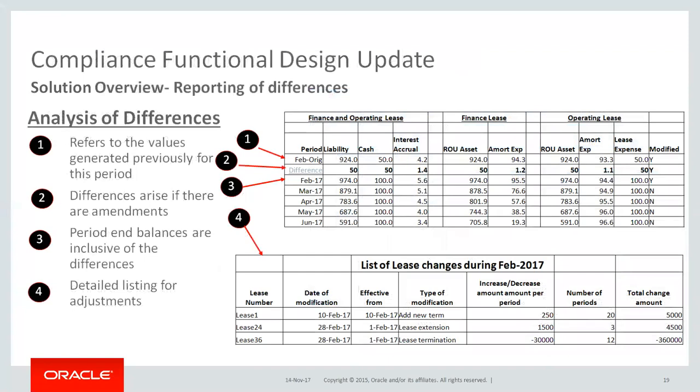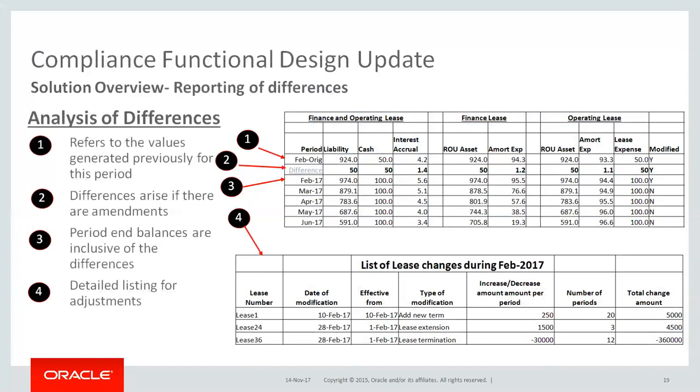And I was talking about the differences. It's very important that we also account for these differences. So, for example, when I start the lease in January 2018, maybe I started with 1 million for liability and ROU, and I start the amortization for this 1 million ROU as well as lease liability.